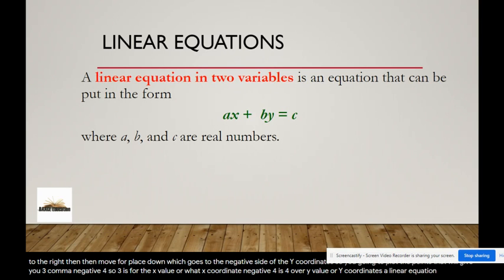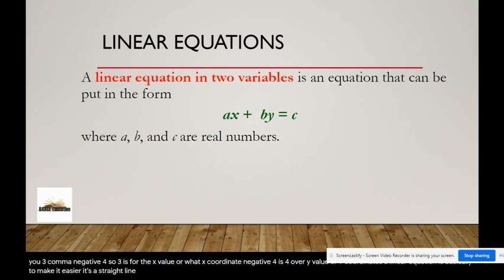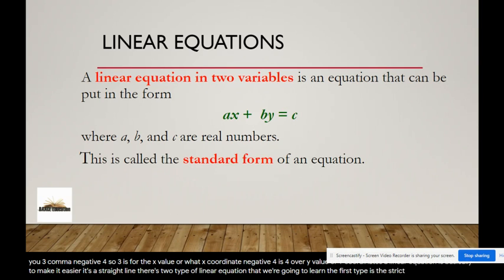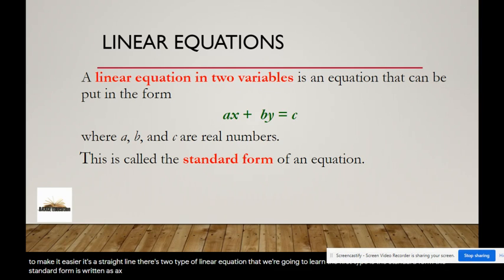A linear equation, to make it easier, is a straight line. There are 2 types of linear equation that we're going to learn. The first type is the standard form. The standard form is written as ax plus by equal to c, where a, b, and c are real numbers.